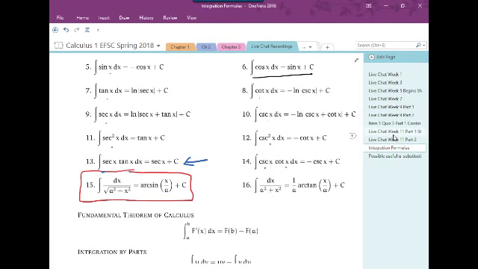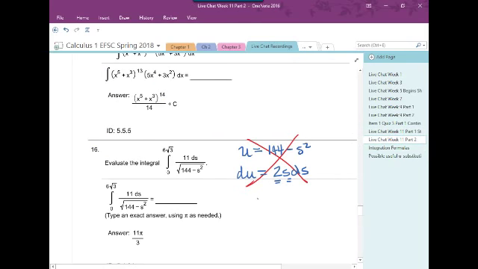So let's go back over here. What we're going to use for item number 16 is the integral of dx over the square root of a squared minus x squared equals arc sine, or inverse sine, however you want to write it, of x over a plus c.